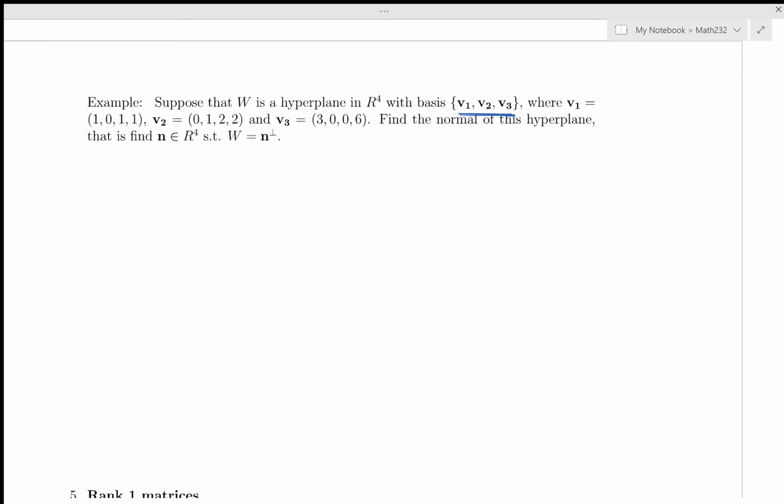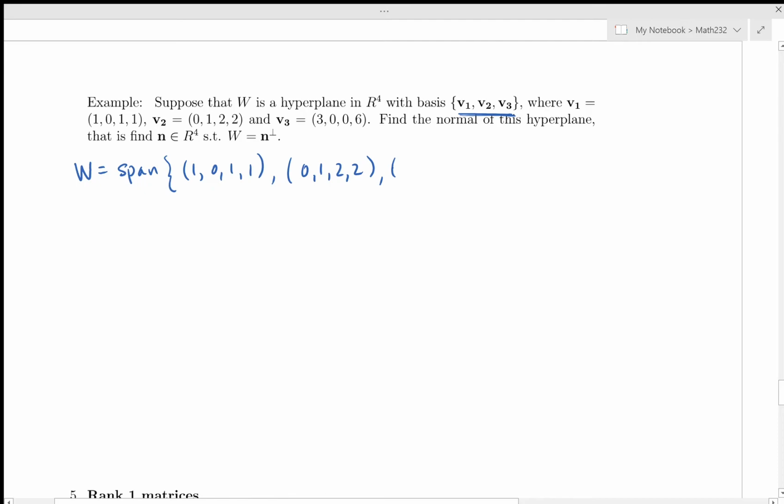Okay, so what we write here is W is equal to the span of the vectors we're given. This is what it says. It's a hyperplane with this basis, so it's equal to the span, like that. And we know, because it's a basis, these vectors are linearly independent.